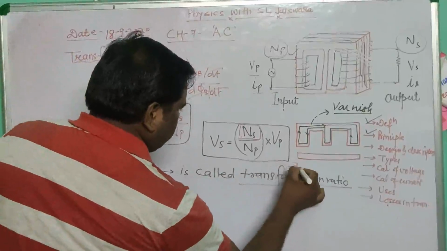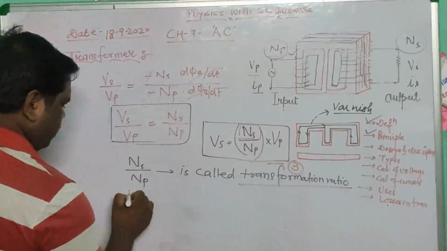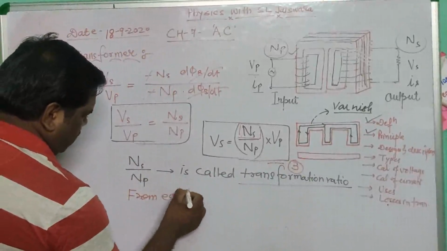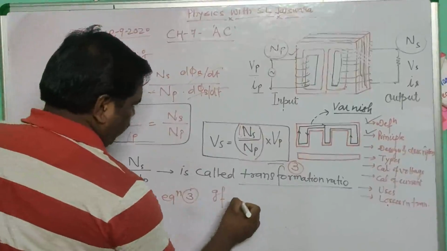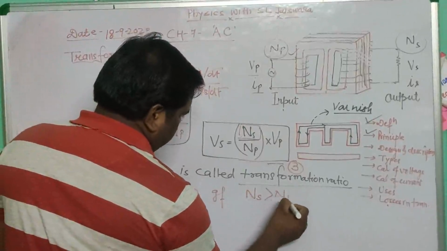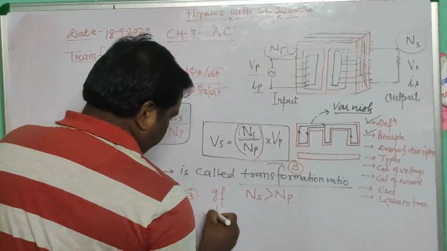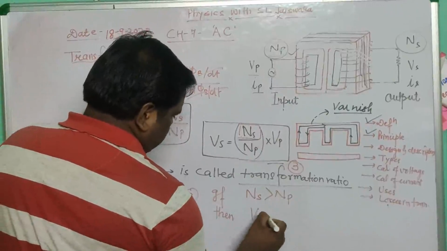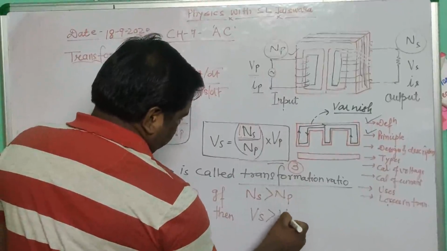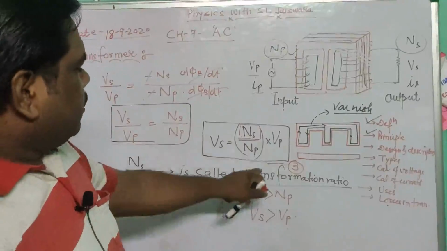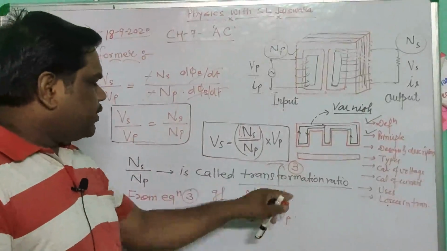Suppose this is equation number 3. From equation 3, if Ns is greater than Np, then what will happen? Then Vs will also be greater than Vp. This is how equation number 3 shows.